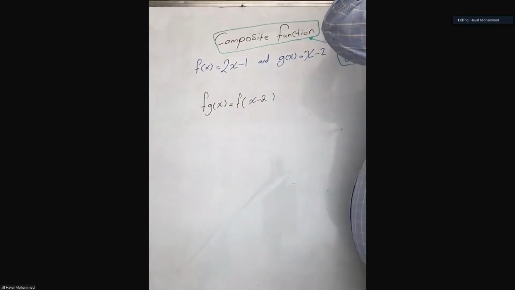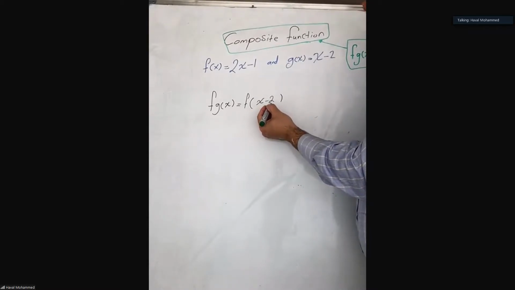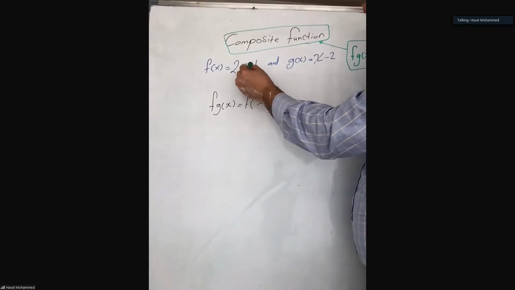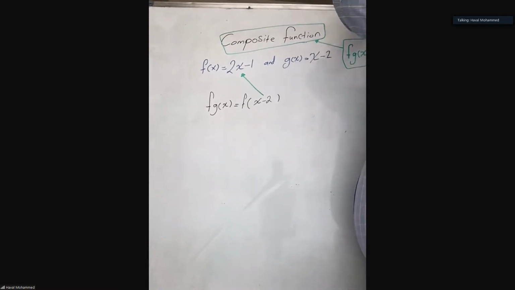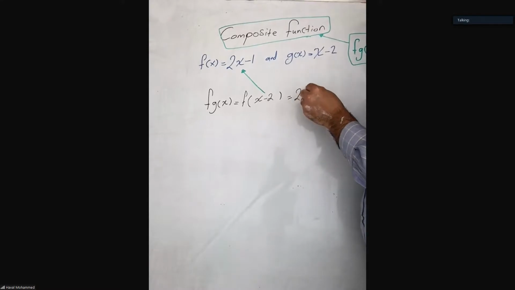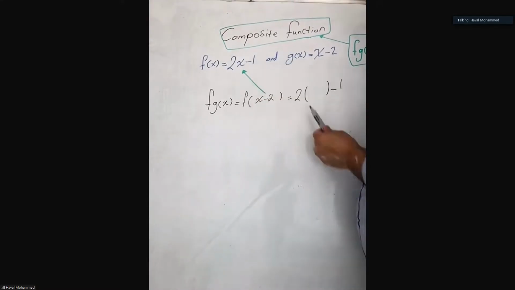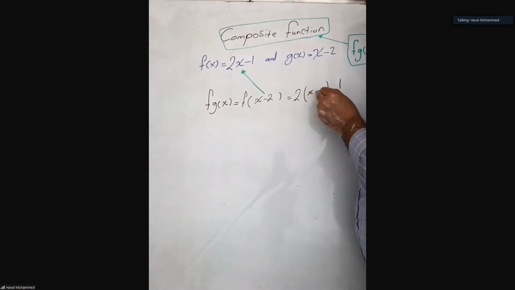And now you plug that value in every x in your f x function. What is your f x function? It's 2, then a bracket, minus 1, because now in place of x, I have to use x minus 2.